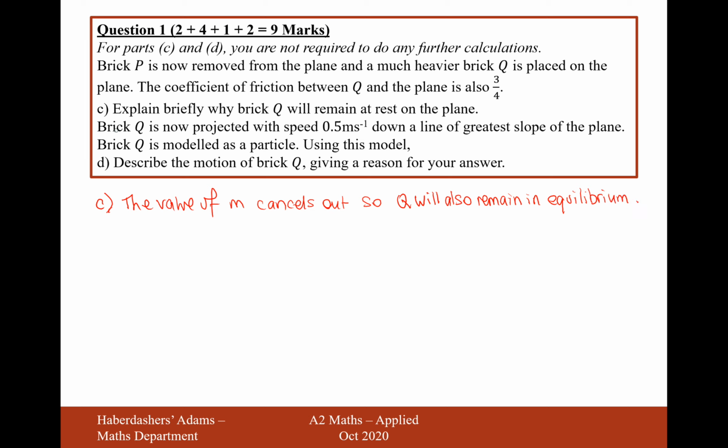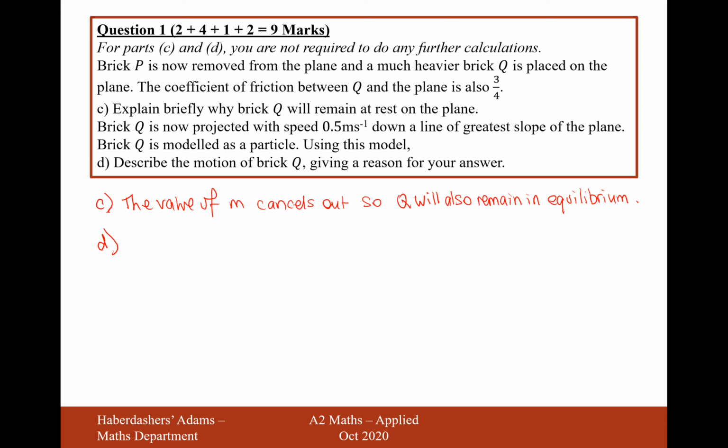Okay, and moving on to the next part, brick Q is now projected with a speed 0.5 meters per second down the line of greatest slope of the plane. Brick Q is modelled as a particle. Using the model, describe the motion of brick Q, giving a reason for your answer.